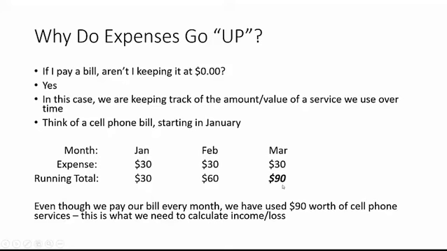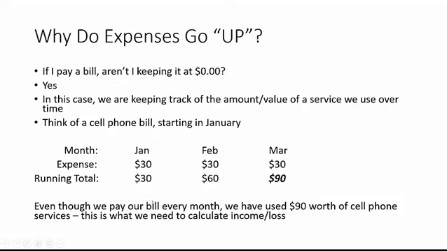Running a business is very much the same. Even though we've paid off our bill every month, we've used up $90 worth of cell service, and that running total is the number we use for keeping track of income or loss.